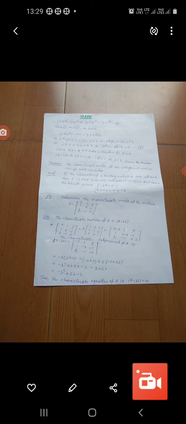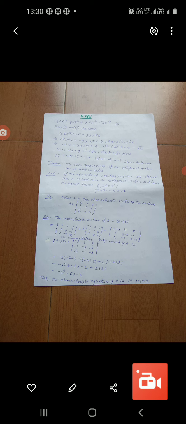This is your A, and minus λ multiplied by the unit matrix of order 3, 1 0 0, 0 1 0, 0 0 1.